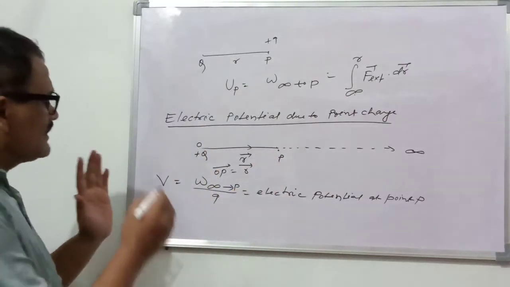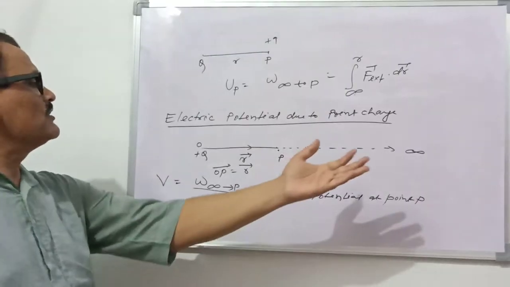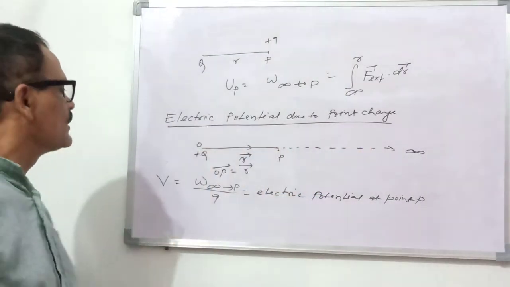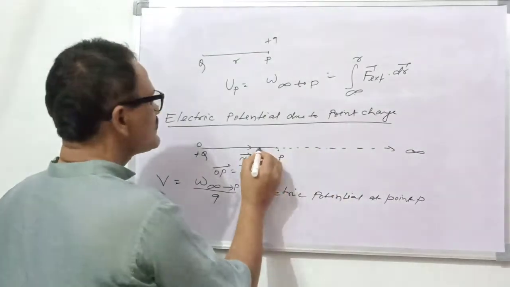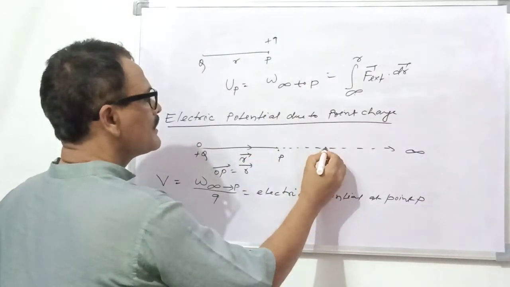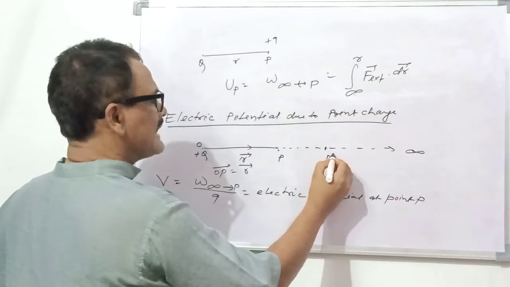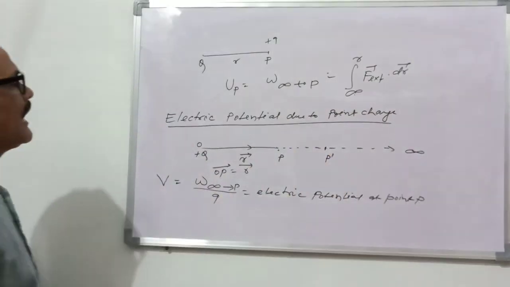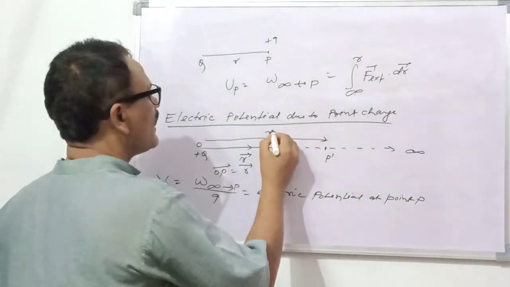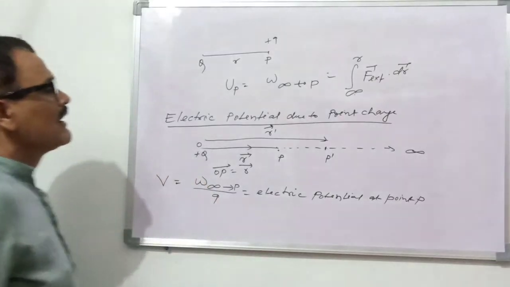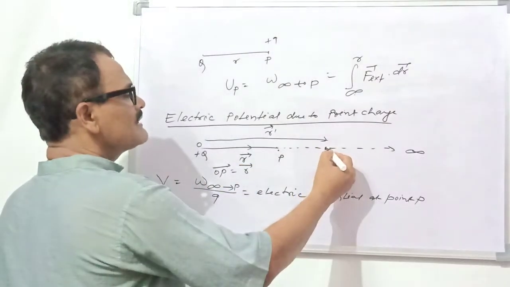So here I am going to calculate the work done in bringing unit positive charge from infinity to this point. At first, suppose there is a point P dash, and the position vector of this point P dash is r dash.